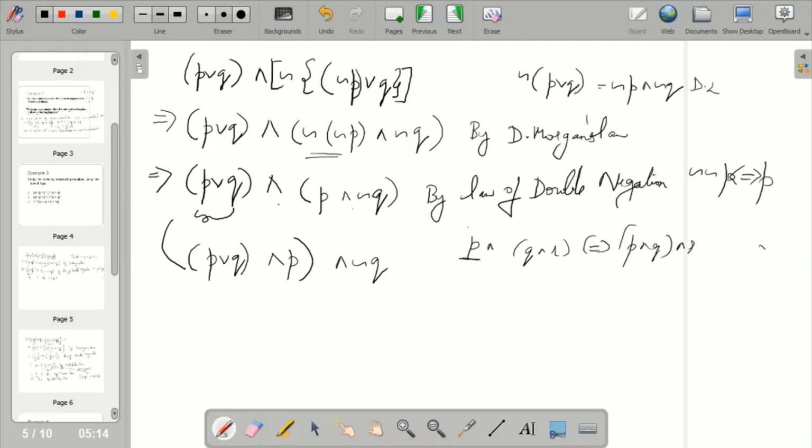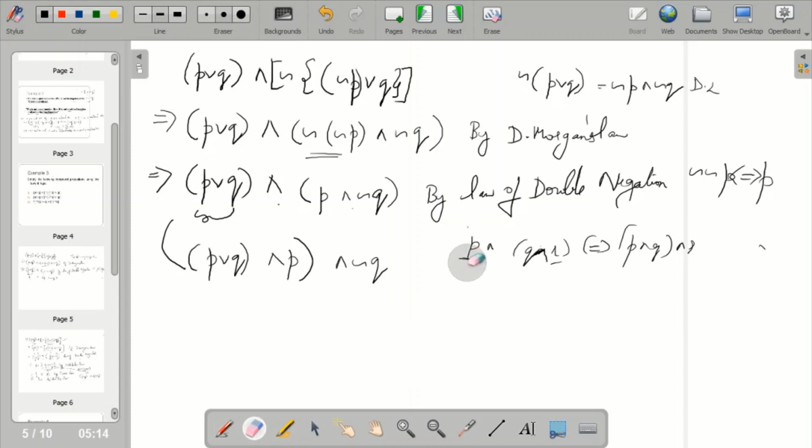Instead of P, in our question we have P or Q. Then instead of this P we have Q. Instead of this negation Q we have R. So I use this particular law, and I change the bracket. That's it. I put the bracket over here. So it is P or Q and P and negation of Q.